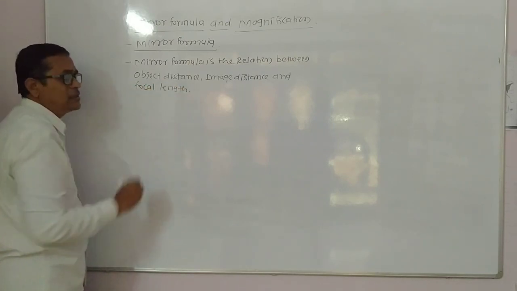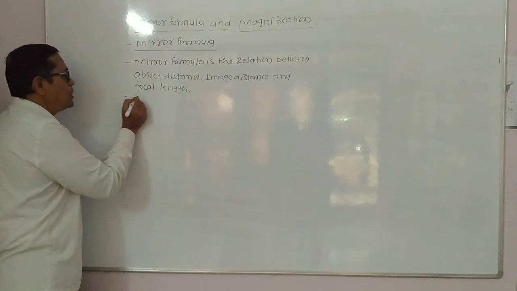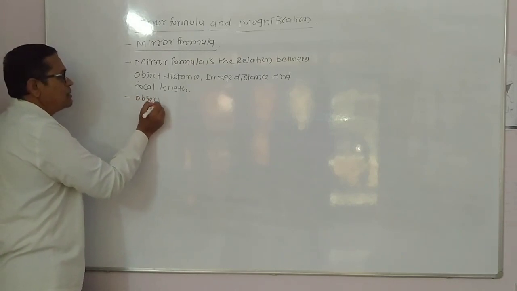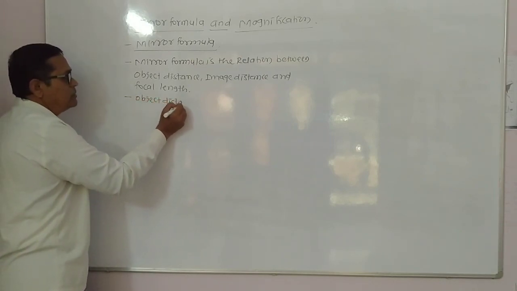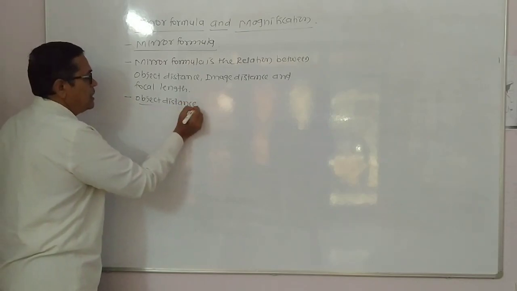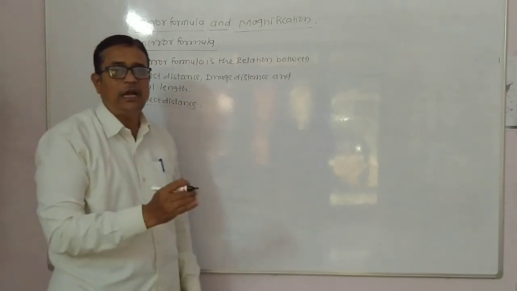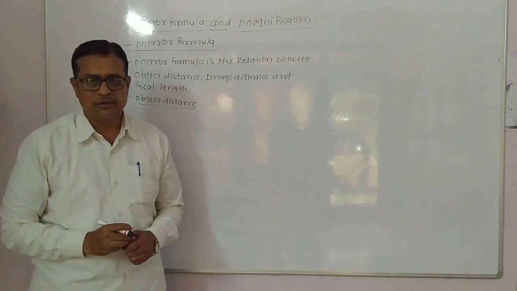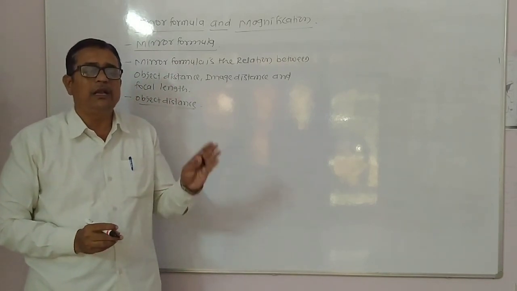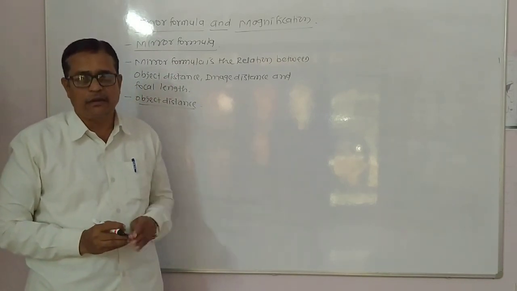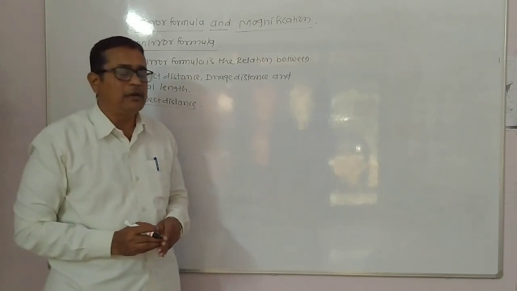You know what is object distance? The distance between object and pole is called object distance. And you know the object is always placed to the left side, in front of the mirror.